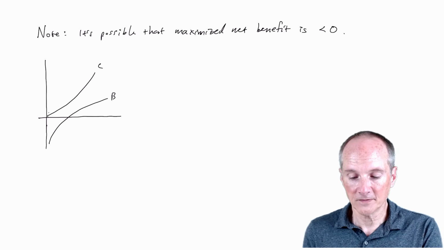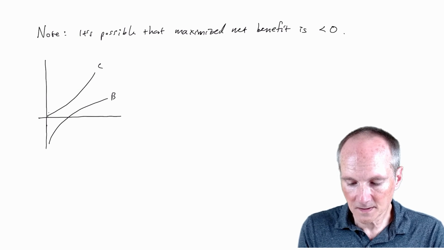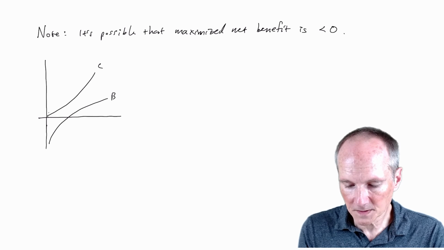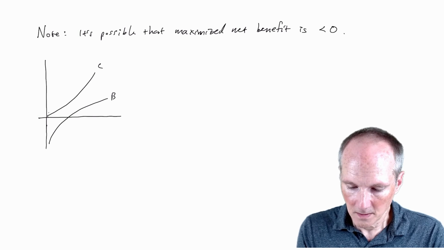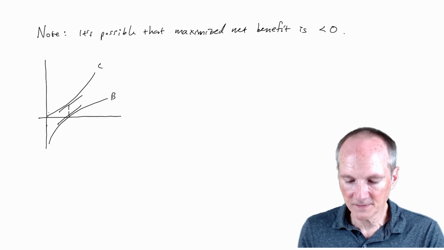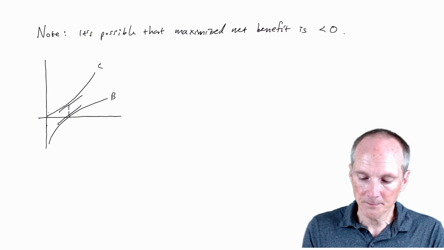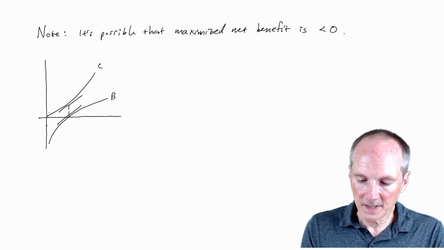It's characterized by the first order condition, which is, graphically it means that the slopes of the benefit and cost function are the same, right? The marginal benefit's equal to marginal cost. So here is our optimal scale.